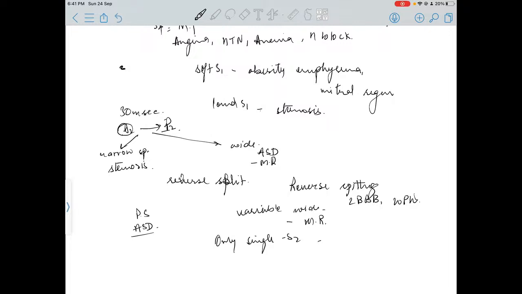Q waves in MI are characteristic of MI, due to depolarization of the interventricular septum, and this negative wave may or may not be seen. R wave is the involvement of both ventricles in the depolarization. S wave is excitation of the more basal part of the ventricles.